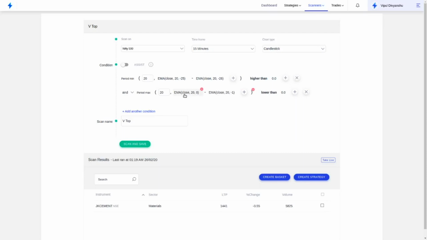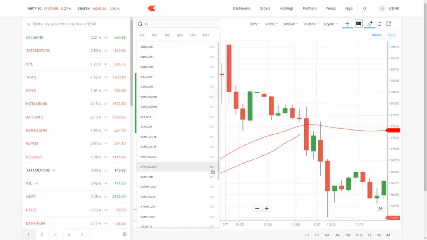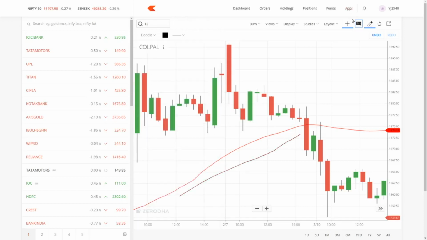A little bit of math trickery there, but it basically says that in previous candles the EMA of the current candle minus the EMA of previous candle was higher than 0. That means in last 20 candles, if you skip the latest 25 candles, previous to that last 20 candles, the trend was bullish.